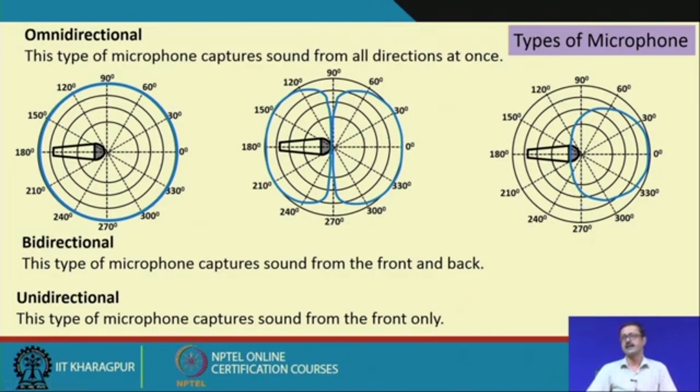Sometimes we use a unidirectional microphone to avoid noise, maybe background noise or noise from the sides. When you focus on a particular source of sound and know it is located at a particular point, it is better to use a unidirectional microphone.